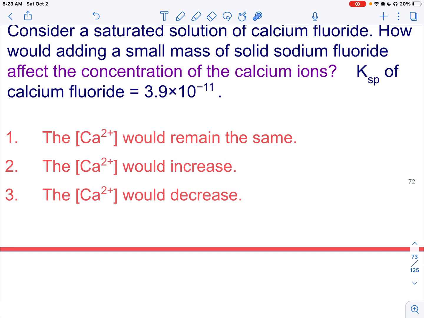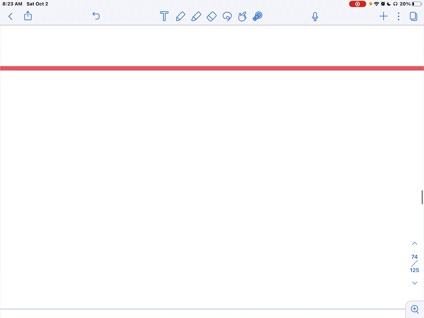Let's take a look at the math that tells us this. Okay, so now let's get into not just kind of explaining the shift, but actually calculating what it would be. So we're going to start by calculating the concentration of Ca2+ ions that would be present in 500 milliliters of this solution.